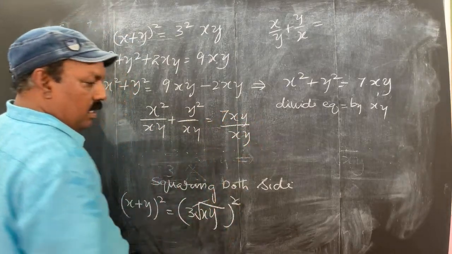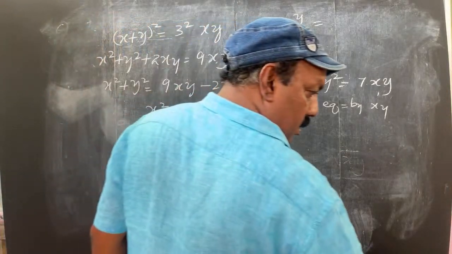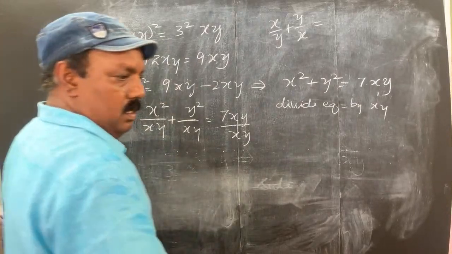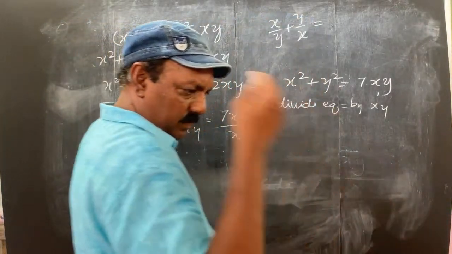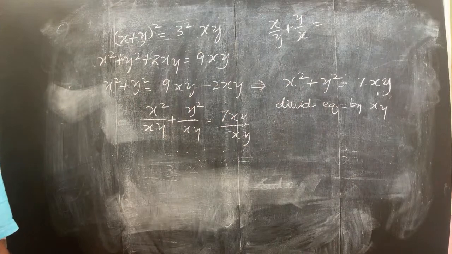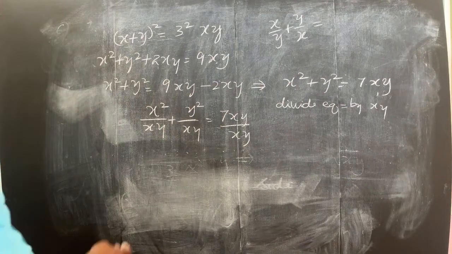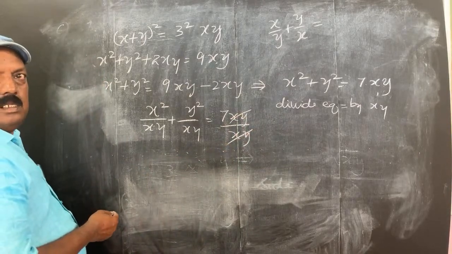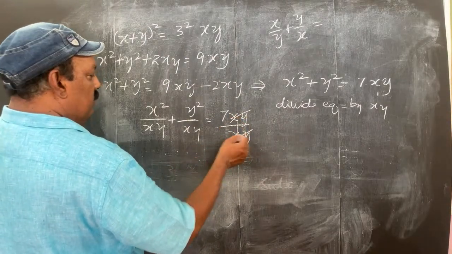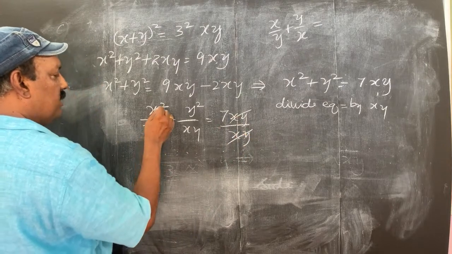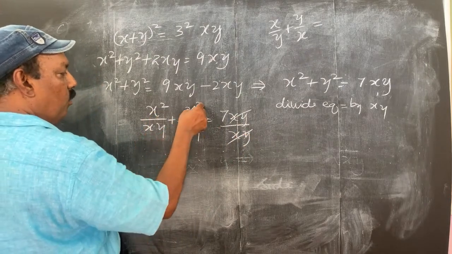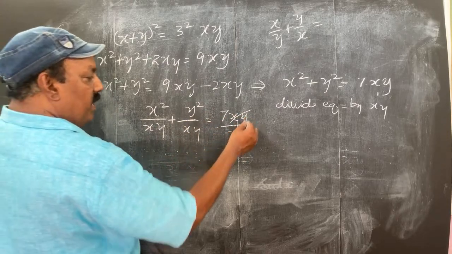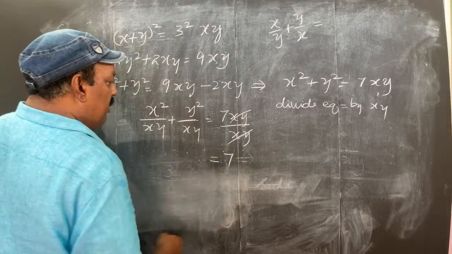Here xy got cancelled, and 7 only is left.